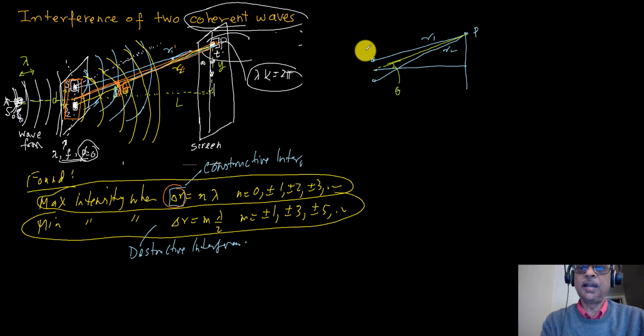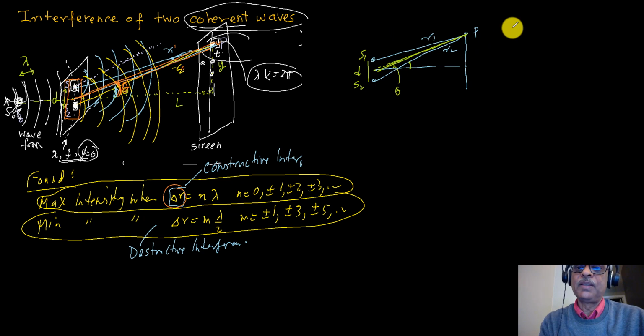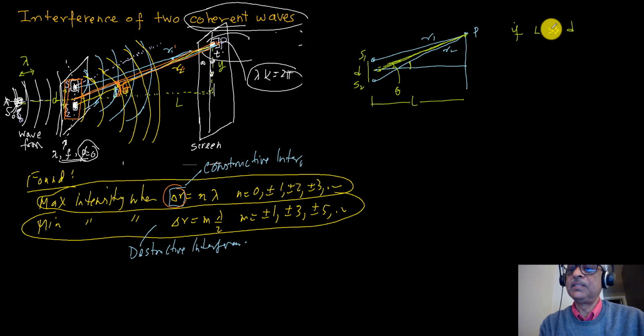Now, this is S1, this is S2, and this distance is D. Well, I submit to you that this angle and that angle are the same angle if P is very far away. If L is much greater than D, then theta is the same as theta prime.